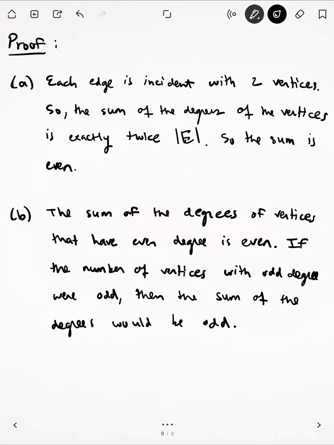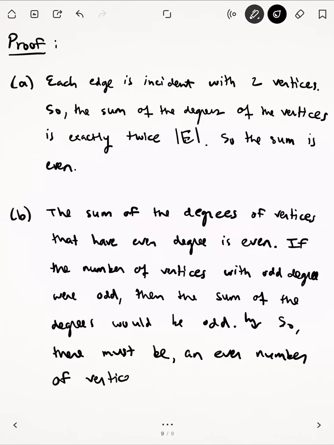And this contradicts the handshaking lemma. So there must be an even number of vertices with odd degree. Okay.